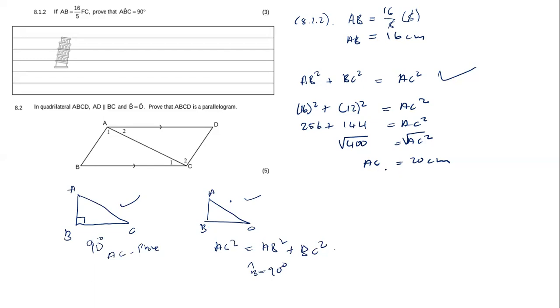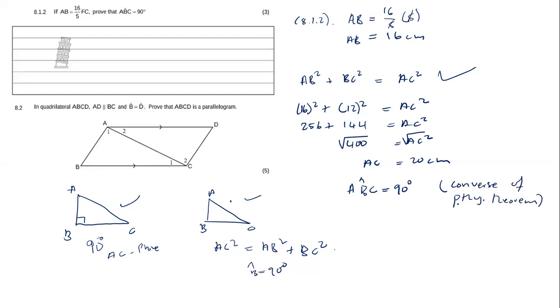So in this case, we determined that AC is 20. That means angle ABC will be equal to 90 degrees. What is the reason? Why do we say that? We use the converse of Pythagoras theorem.